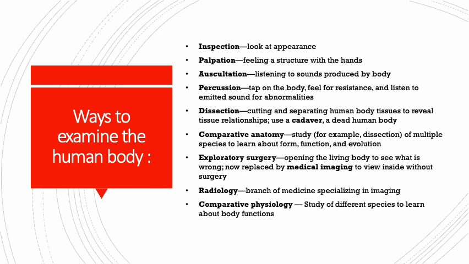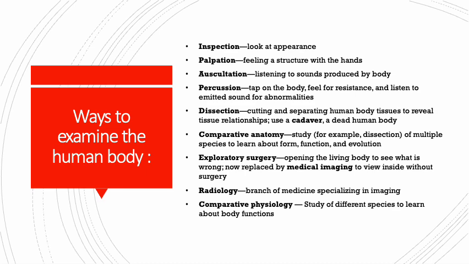And then we have comparative physiology, which is very similar to comparative anatomy, but it is comparing the function of different species' organs to ours and learning from them. Well, if this animal's heart functions this way, does ours have a similar purpose or functionality? Or if this animal's body reacts this way, will ours do the same? So we study other things because you don't always want to study humans.